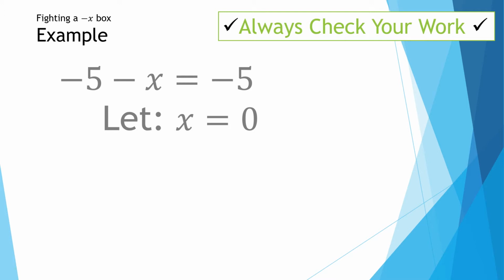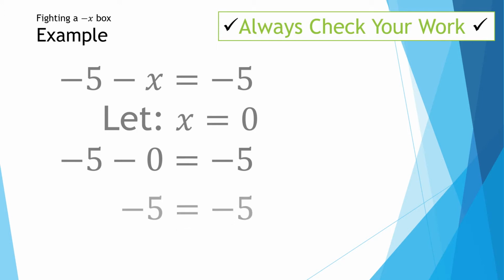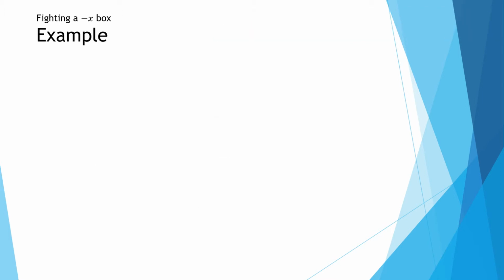Here's the original problem, and I have x is equal to 0. That's what I think the answer is. I'm going to plug in x equal to 0 into the equation, and I have negative 5 minus 0 equals negative 5. Negative 5 equals negative 5. We are good to go and done with this problem.